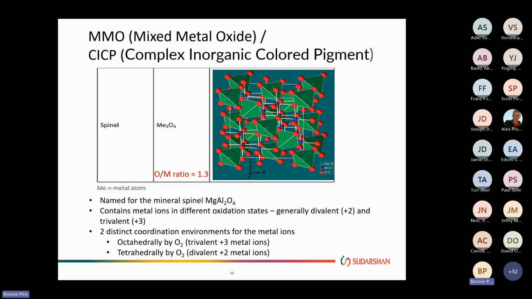The spinel grouping of CICPs have an oxygen to metal ratio of 1.3. In this case, they will contain metal ions of different oxidation states. Typically, a +2 and a +3 are within that structure. And in some cases, there will be 2 distinct environments for these ions to orient themselves, the octahedral and tetrahedral, depending on the oxidation state of the metal itself.